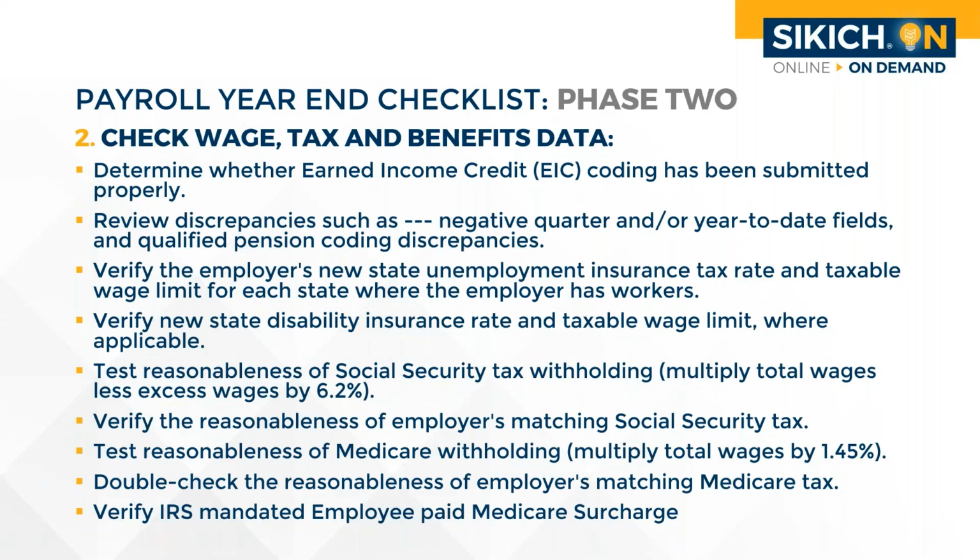Determine whether or not your earned income credit has been submitted properly. Review any discrepancies such as individual negative quarter earnings or negative year-to-dates on any fields, and especially your qualified pension plans and your qualified deferrals.